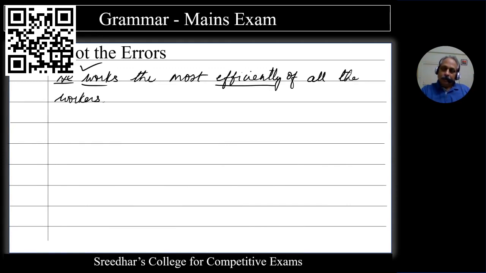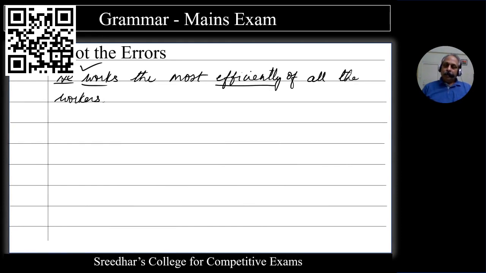Hard, harder, hardest. Multi-syllable adjectives and adverbs take more and most. For example, beautiful, more beautiful, most beautiful. Intelligent, more intelligent, most intelligent. Efficiently, more efficiently, most efficiently.